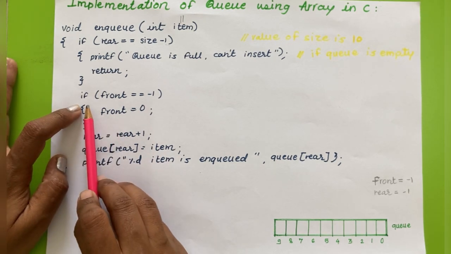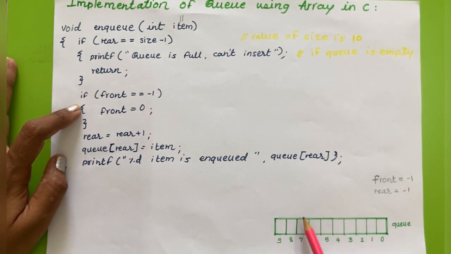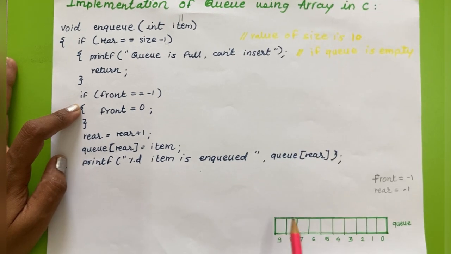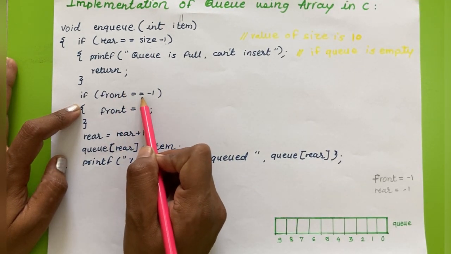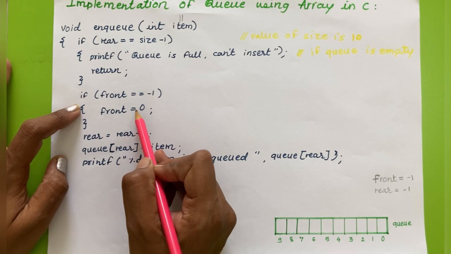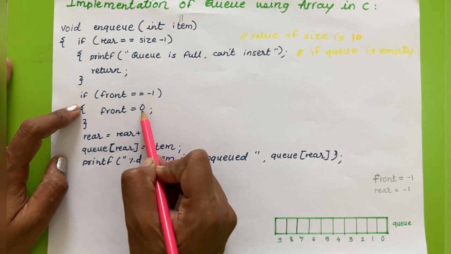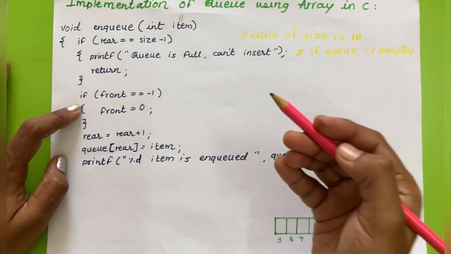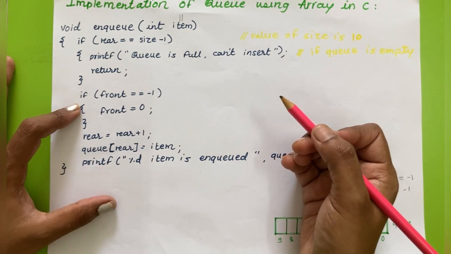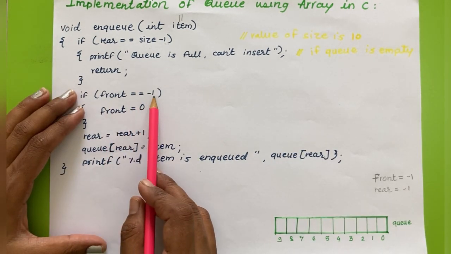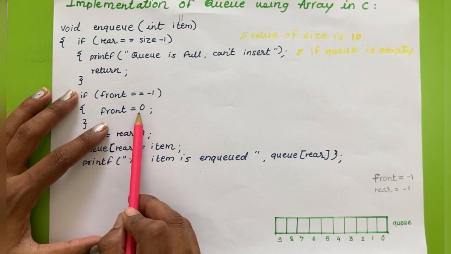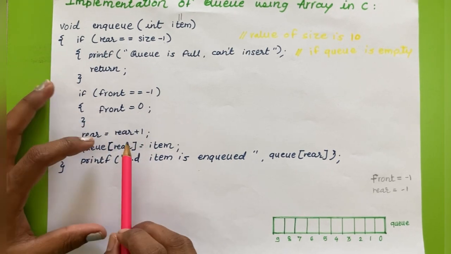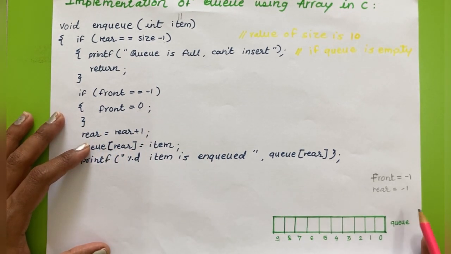So next we have to check whether front is -1. If so, then we have to update front to 0. So if front is equal to -1, then front will get 0 and rear will also get incremented.